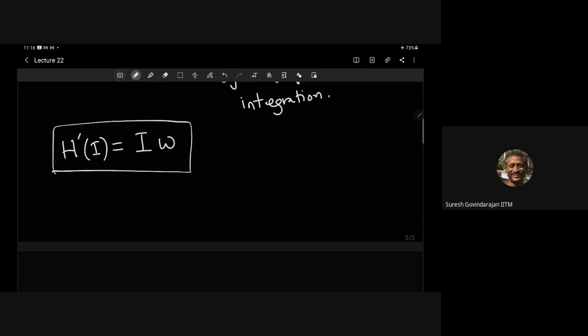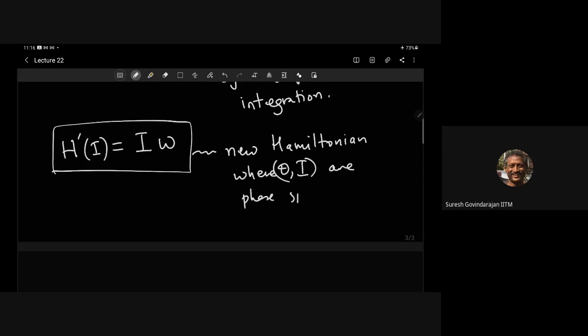This is the new Hamiltonian, where theta and I are the coordinates.